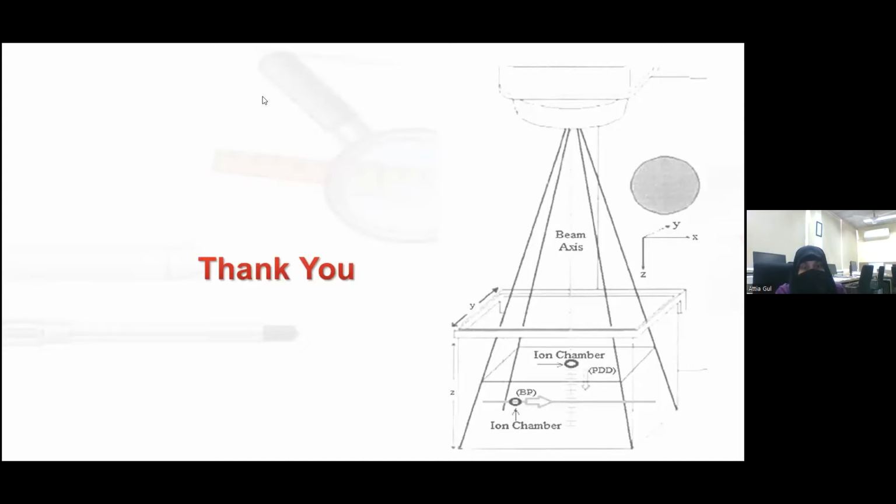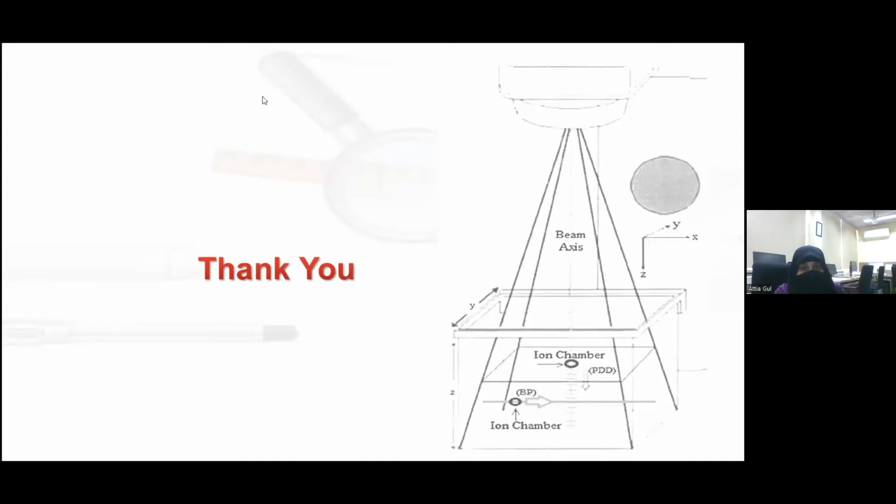In comparison to a Razor ion chamber and an unshielded diode, what do you recommend? If we see time efficiency, then I'll go for the unshielded diode. The unshielded diode is the best detector because it does not require polarity correction and recombination correction.